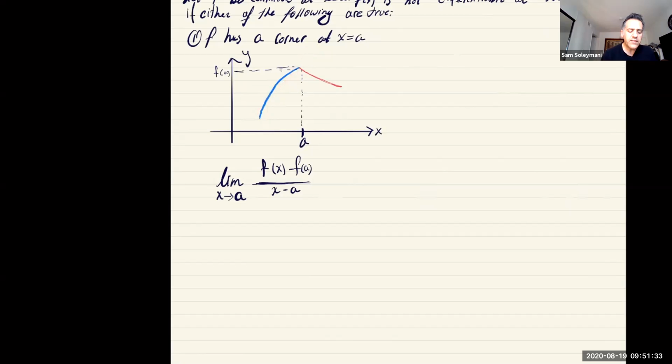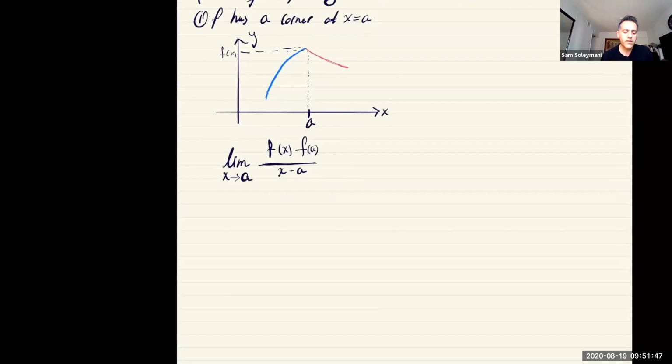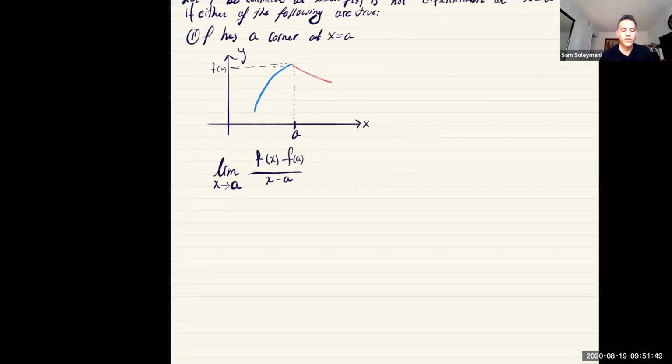As this point is getting closer to a, it's getting closer to a from where? Is it from the right or the left? You guys, the blue graph. Is it right or left? Anybody?